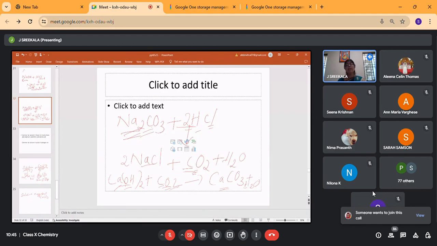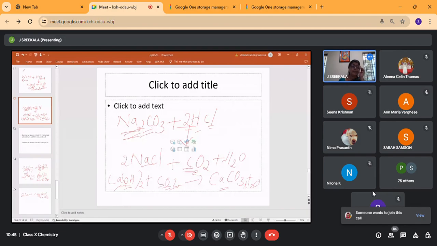In that way you can get interest in writing equations. Otherwise, if you learn the equations by heart, you will not get interest at all. Always write it, guess the products, and then correct it. That must be the way of study.